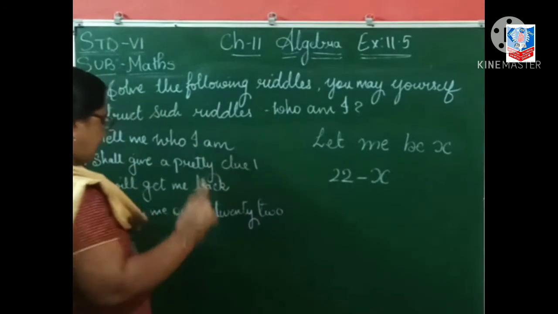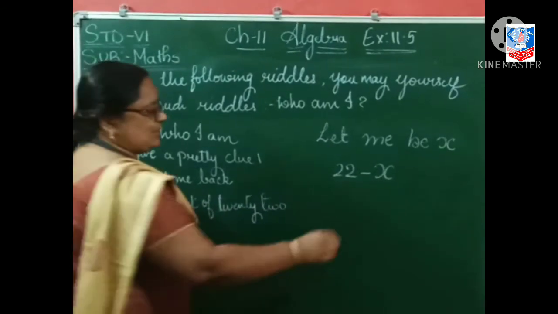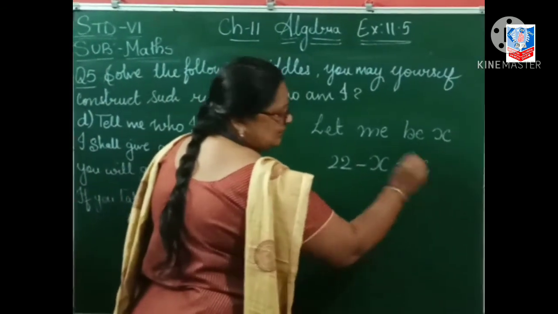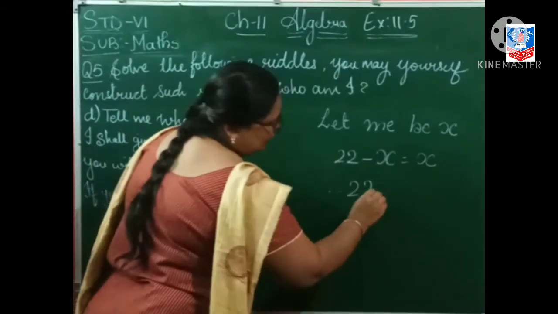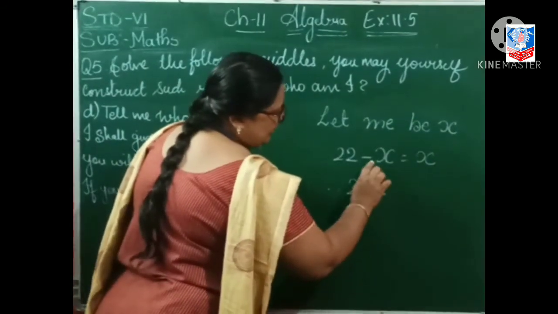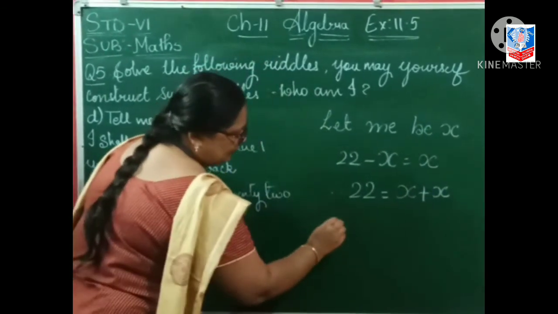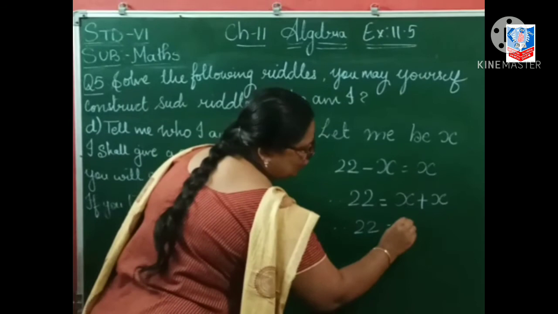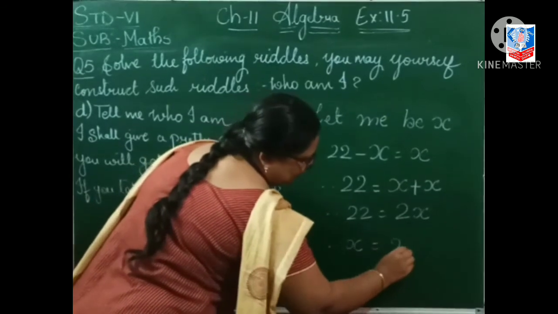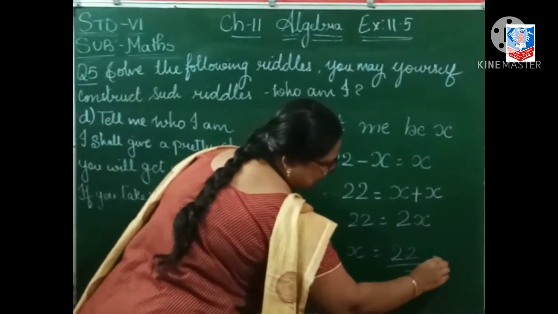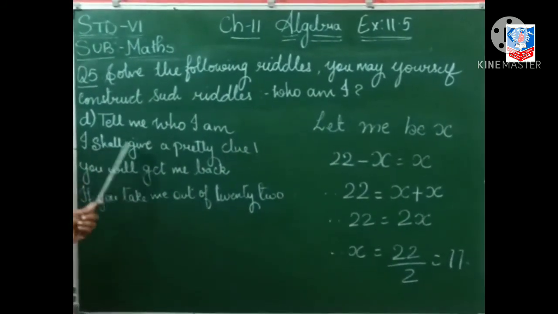So, we are subtracting, 22 minus x is equal to x. Now, therefore, 22, this will come here, so minus x will become plus x. x plus x. Therefore, 22 is equal to 2x. Therefore, x is equal to 22 divided by 2 is equal to 11. Understood? With this, we complete our chapter here.